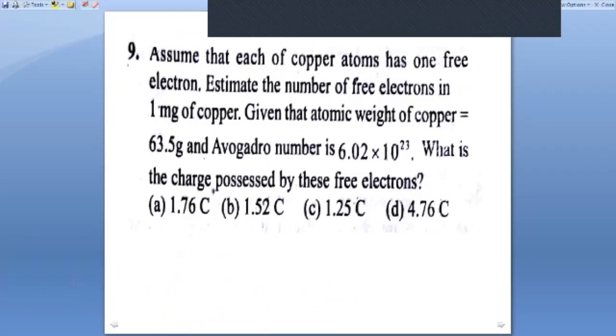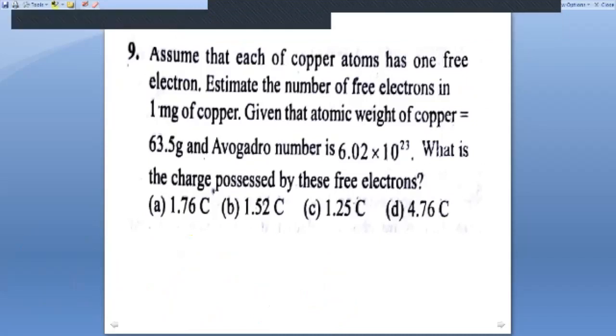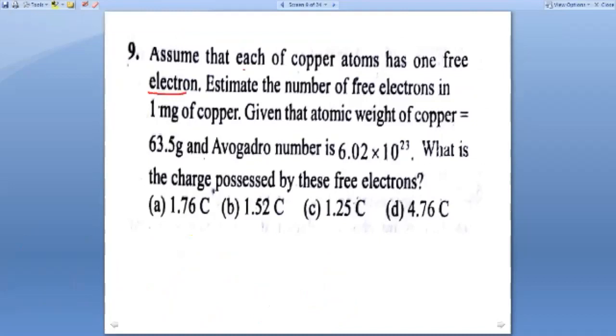Okay, next question is question number 9. Assume that each copper atom has one free electron. So each copper atom is equal to one free electron.